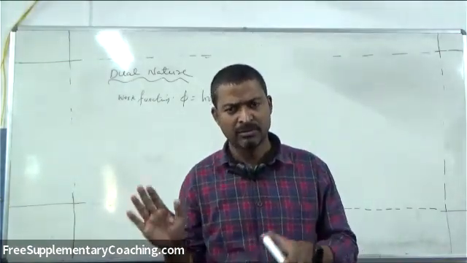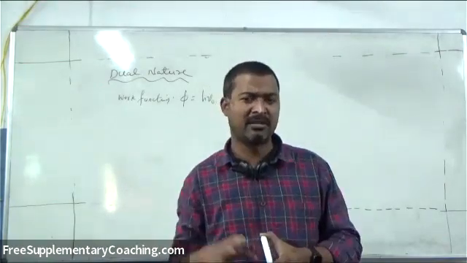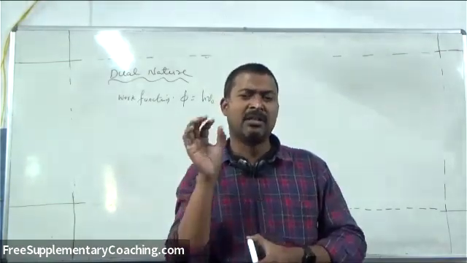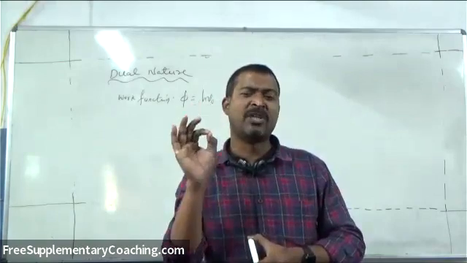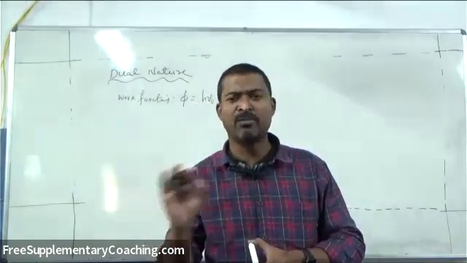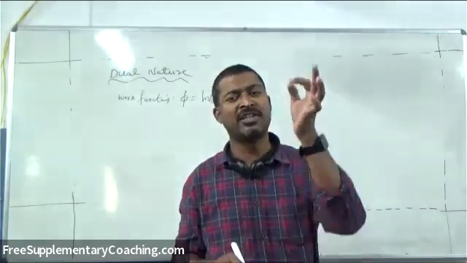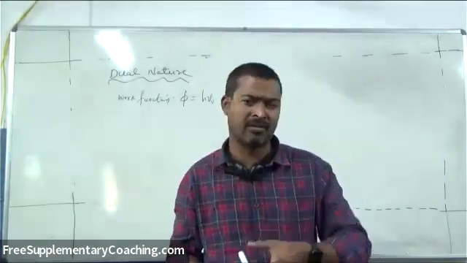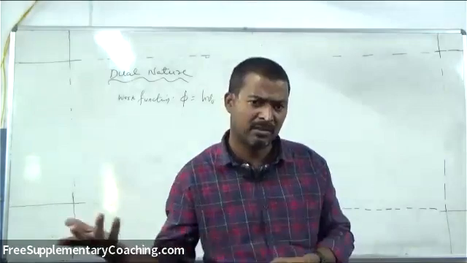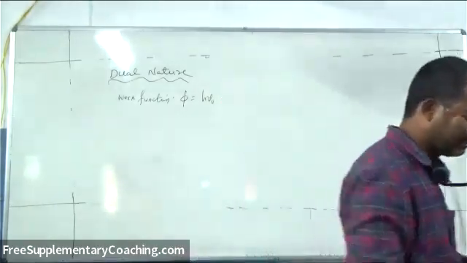Clear now? Once again, I'll repeat the definition: the process of emission of electron from a metal surface whenever a suitable energy of photon is falling on it. Clear? That is photoelectric effect.